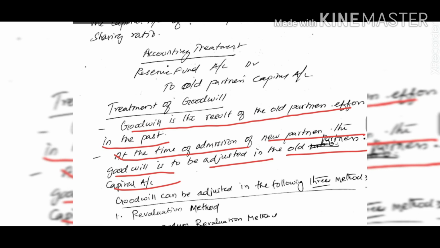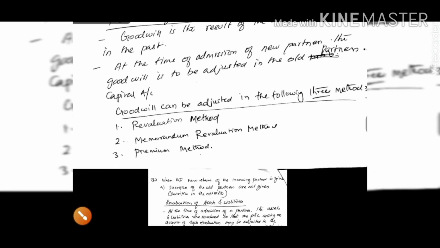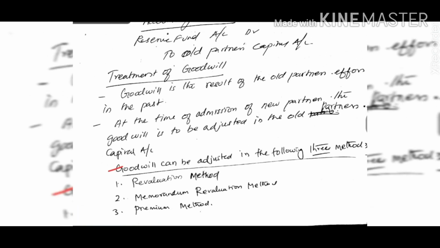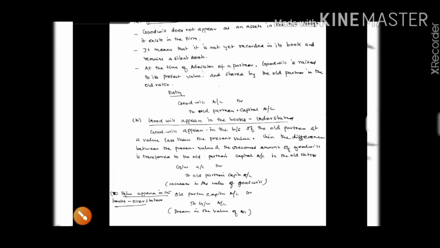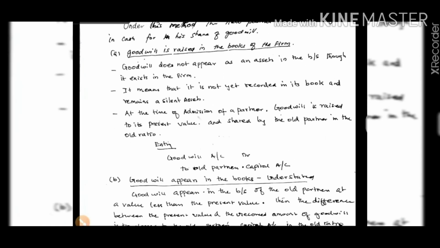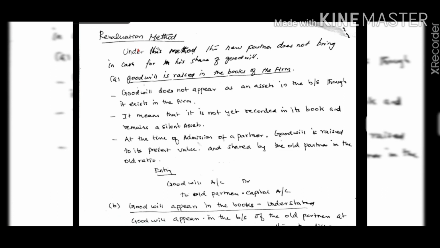So the goodwill can be adjusted in the following three methods: revaluation method, memorandum revaluation method, premium method. Now let's see the revaluation method. Under this method, the new partner does not bring in cash for his share of goodwill. The goodwill is raised in the books of the firm.